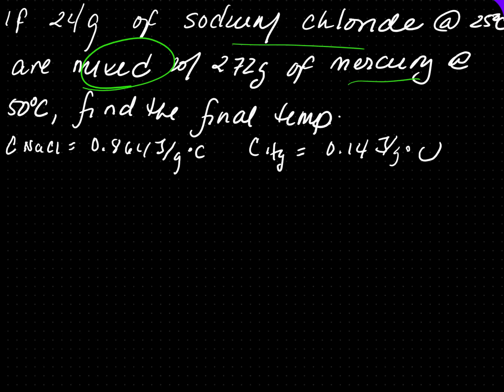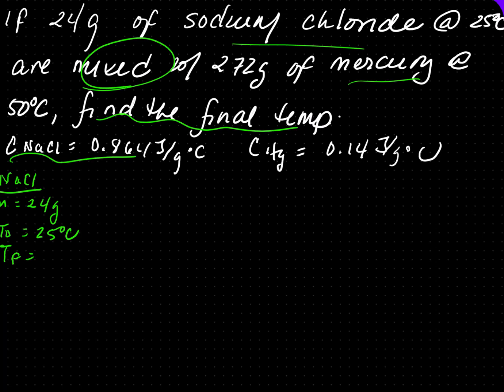So the first thing we're going to do is identify the variables. So for NaCl, we have a mass of 24 at an initial temperature of 25 degrees Celsius. We are looking for the T final here. It says find the T final. And they gave you C of NaCl above.